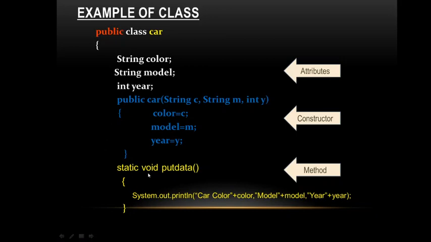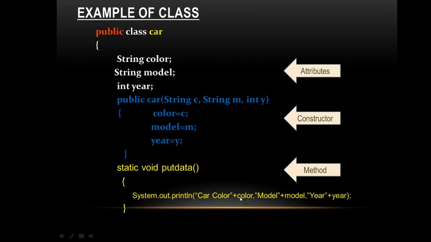Now we have static void put data. Put data is a method here. Put data simply prints the values of the variables like color, model and year. Here all these strings are just strings and will be printed as they are, plus color.